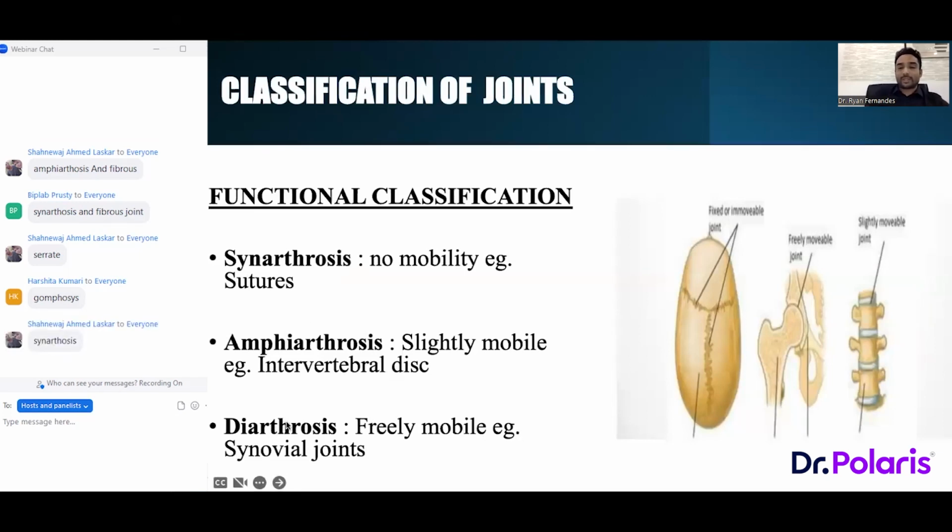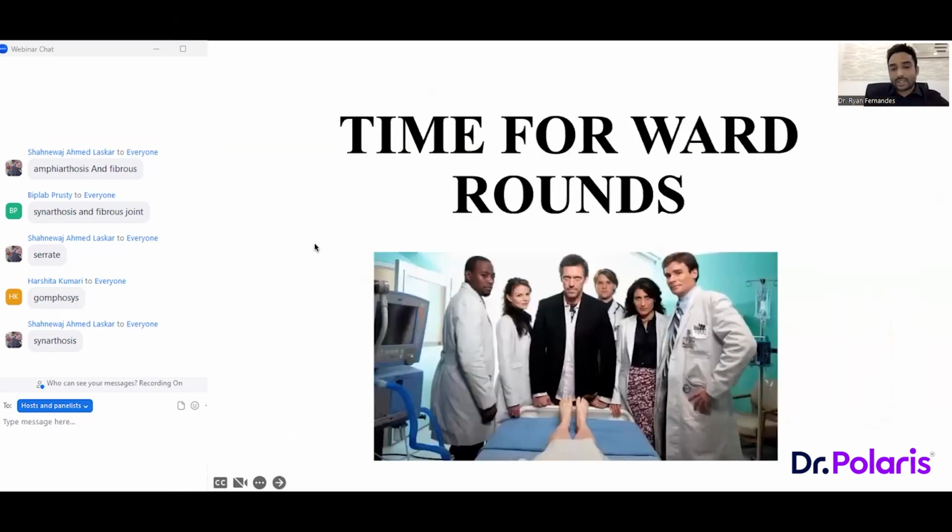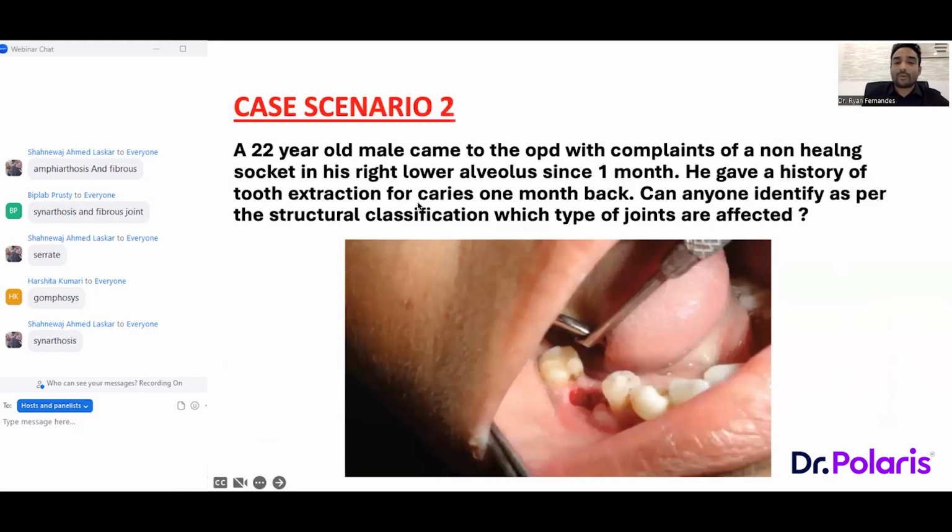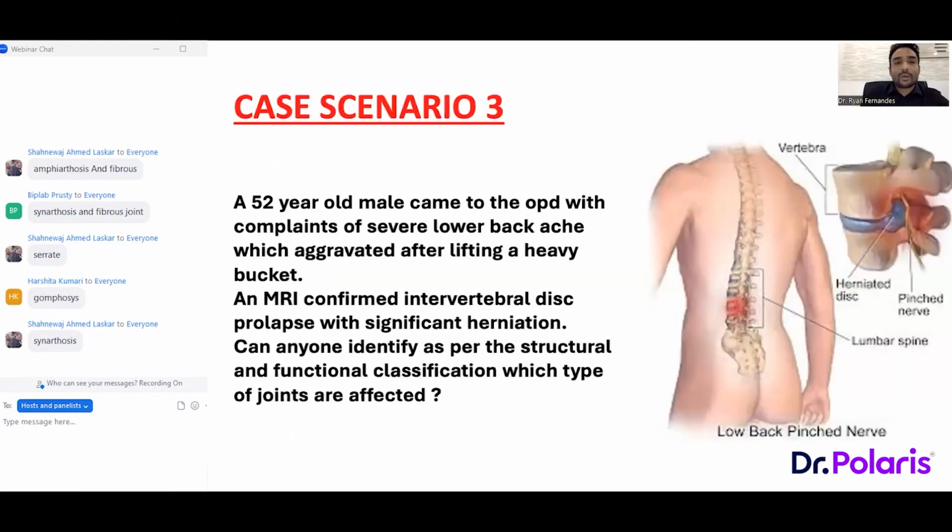You told me based on the structure. So is there mobility? Is there slight mobility? Is it freely mobile? Sir, there is no mobility. So it is synarthrosis. Very good. So that is how you think. Everything you classify like that, it becomes very easy. Okay, Harshita, thank you. Thank you. So, sir, we go to the next question.